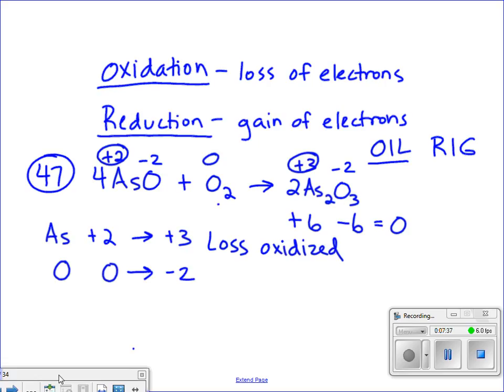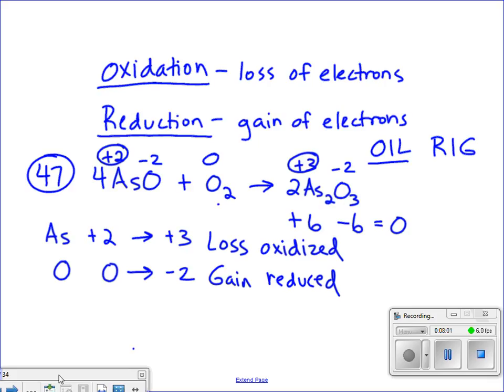So this is a gain of electrons, which means it is reduced. You cannot have oxidation without reduction. The electrons are given to one substance, and the other substance takes those electrons. It is a give and take. Oxidation and reduction go hand in hand, they're a pair.